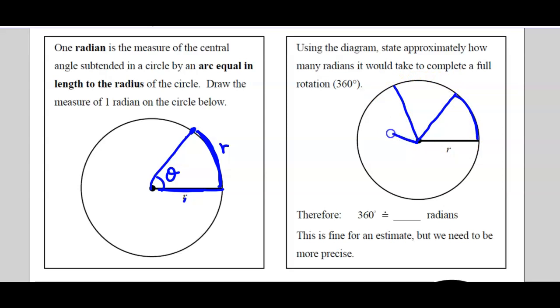That's about the same. About the same. This one's a little different. So, how many radians to complete a full rotation? Well, that's 1 radian, 2, 3, 4, 5, 6, and a bit. So about 6 and a little bit more, which is good for an estimate, but we want to be precise, obviously.